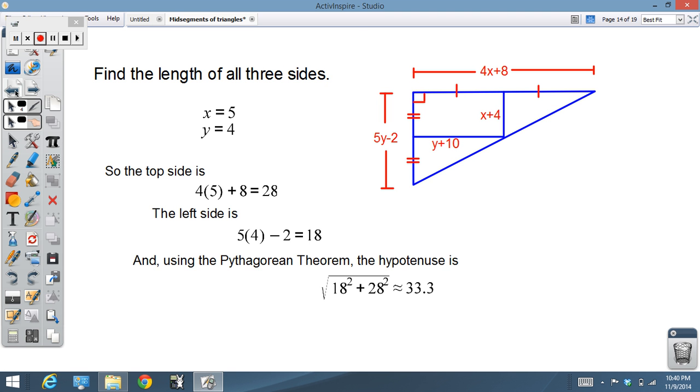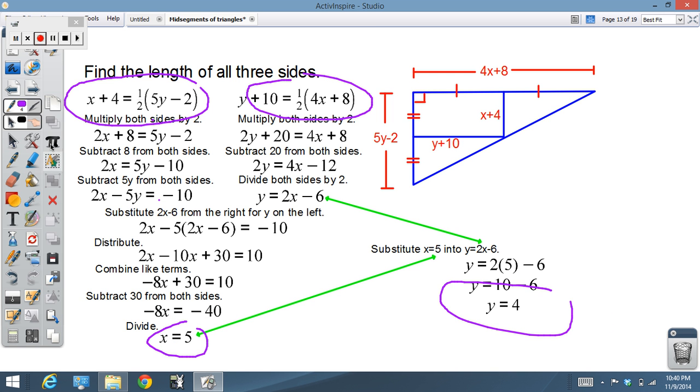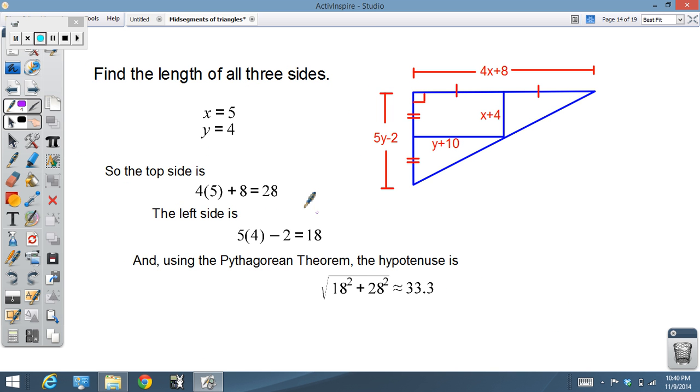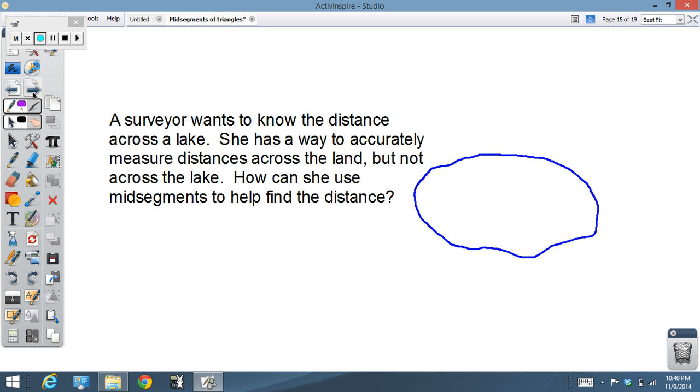Okay, so going back, follow your algebra, system of equations, two unknowns, solve, x is 5, y is 4, plug them in to find the length of the three sides. Okay, next kind of problem.